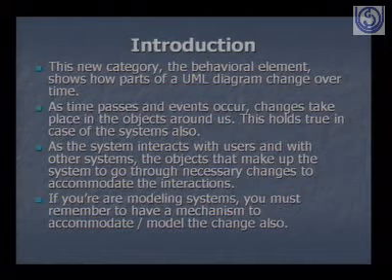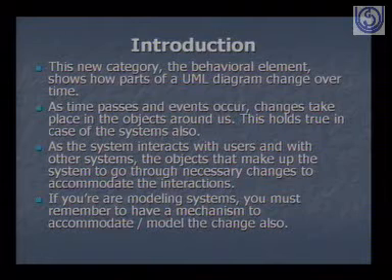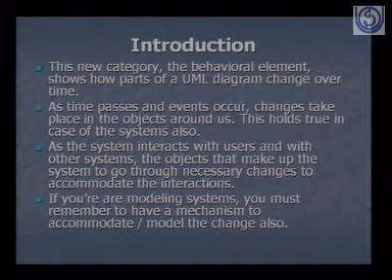This holds good not only for the objects around us in the environment, but also for the systems that we develop. As the system interacts with the users and with other systems, the objects that make up the system go through changes which need to be accommodated in the UML diagramming. We can take care of those things using state diagrams.